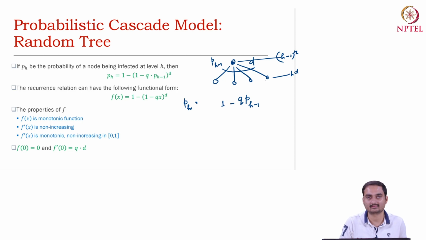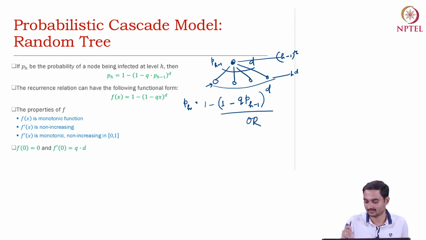What is 1 minus this? This is the probability that that node will not be infected, to the power d. So this quantity is the probability that none of these d neighbors will be infected. 1 minus this is the probability that at least one neighbor will get infected. So this is kind of an OR function. We discussed similar functions in the BigCLAM formulation in the link prediction chapter.